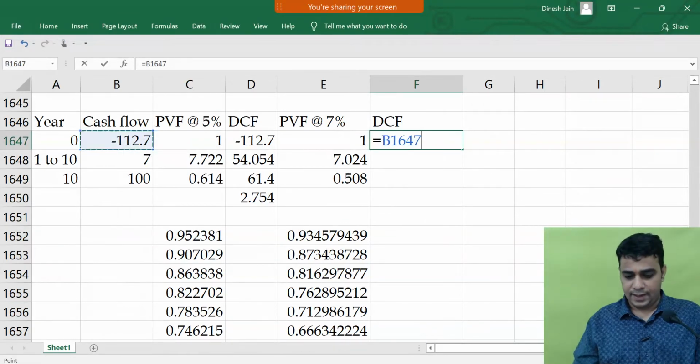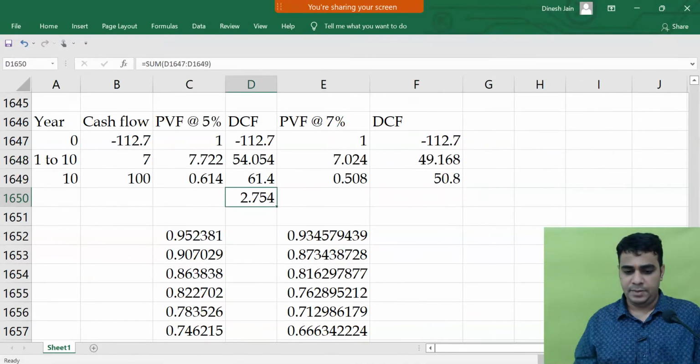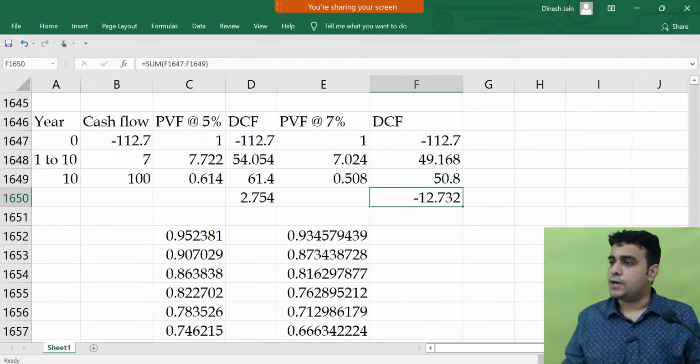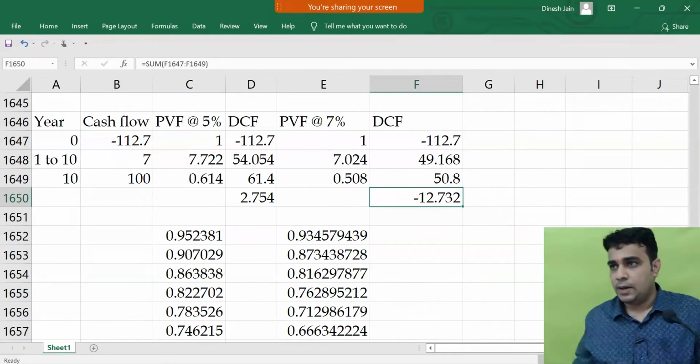I'll not get into the IRR calculation and all. That is something we may discuss once I go to your investment decision chapter. One positive, one negative, somewhere in between your YTM will be there.